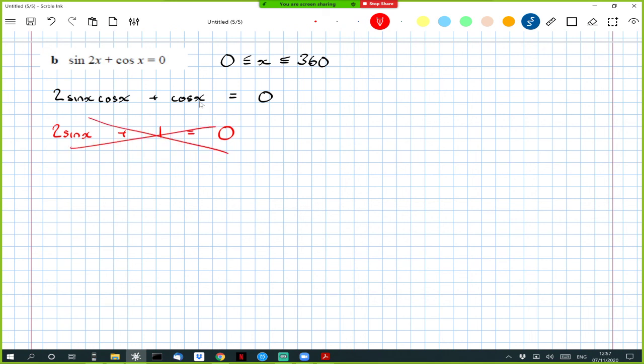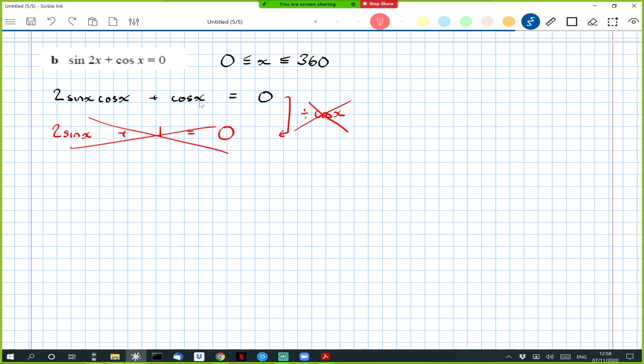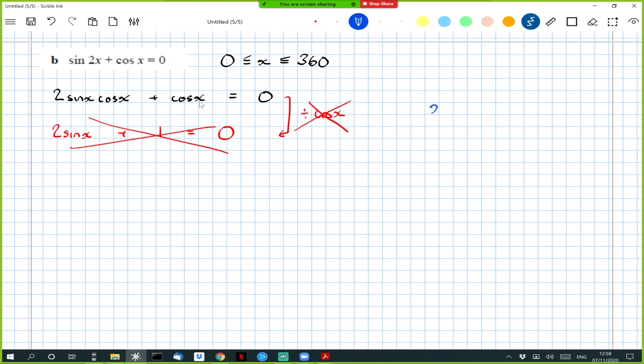Not true. When I divide by cos x, which was the wrong thing to do, when I divide by anything, I'm making a bold statement that it can never ever equal 0. Or that at least that equaling 0 isn't a solution in this equation. So for example, x squared minus x equals 0.